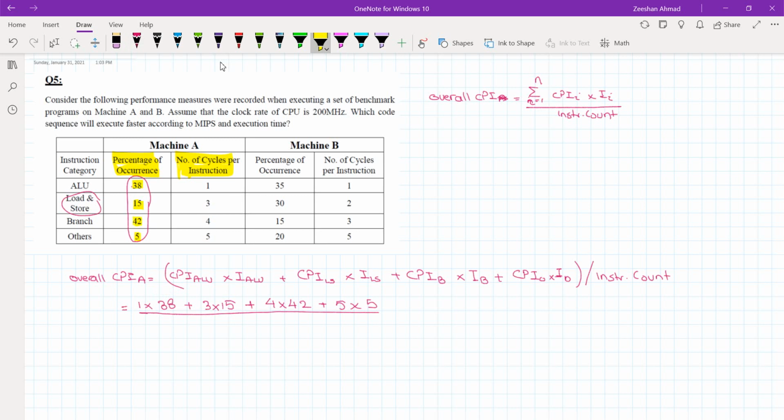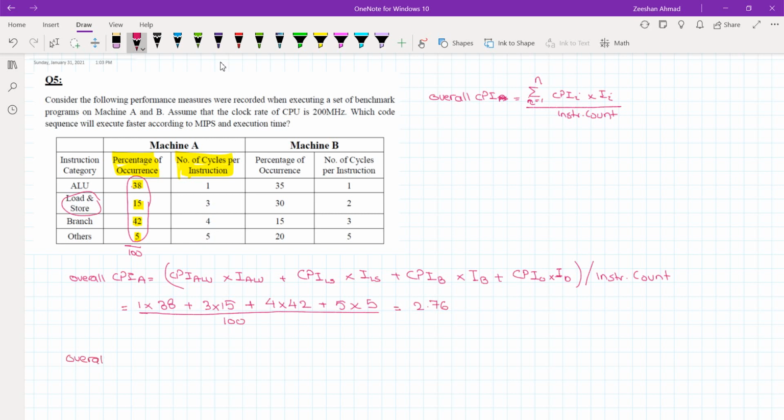Since these are percentages, they add up to 100, so I can write the instruction count as 100. When you calculate the value, I obtained 2.76. So the CPI of machine A is 2.76.